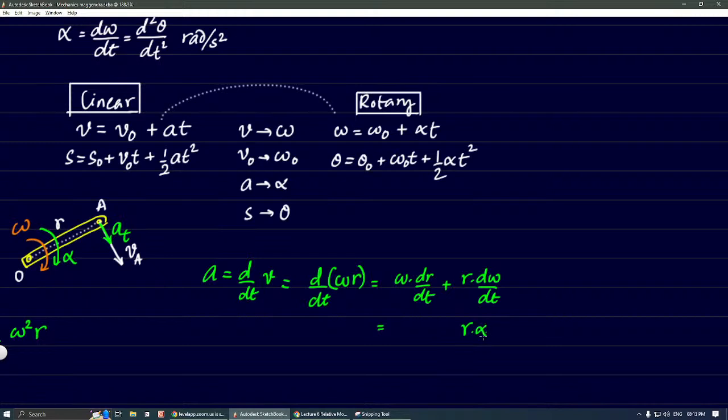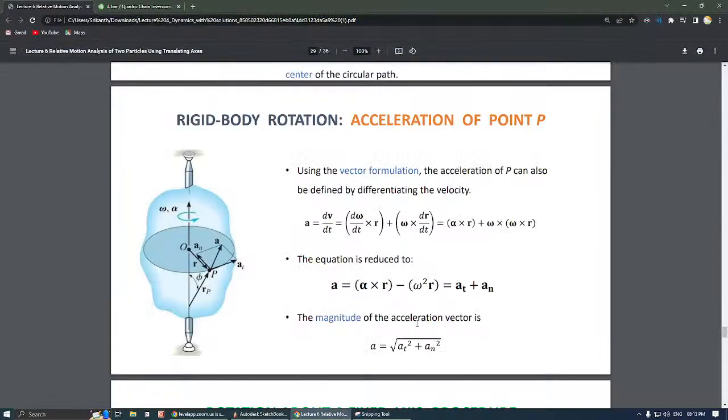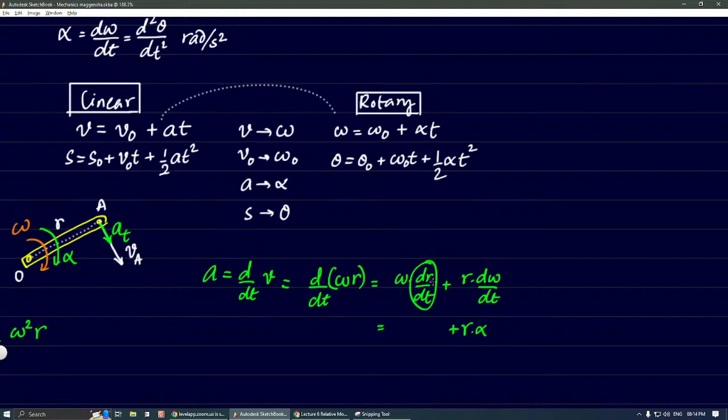This is r into alpha. Then what is dr by dt? Dr by dt is another velocity, in the perpendicular direction. That perpendicular direction velocity is omega into r.